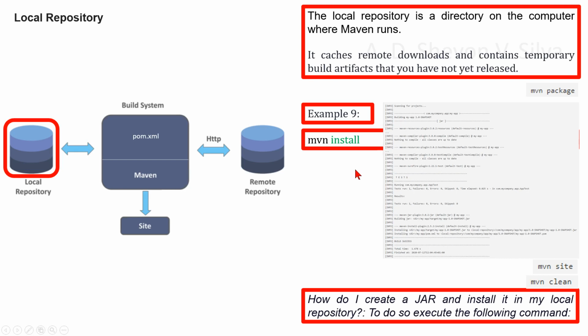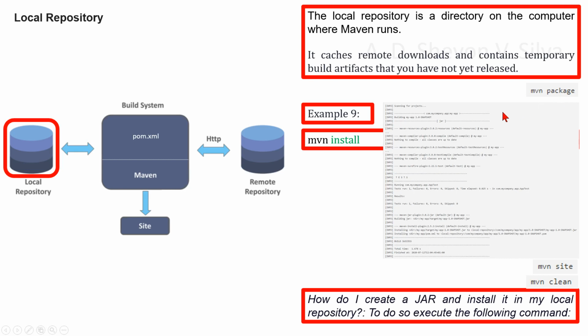Now we are considering how do I create a jar and install it in my local repository. Making a jar file is straightforward enough, and that can be accomplished by executing the following command here. You can now take a look in the base directory /target directory, and you will see the generated jar file.